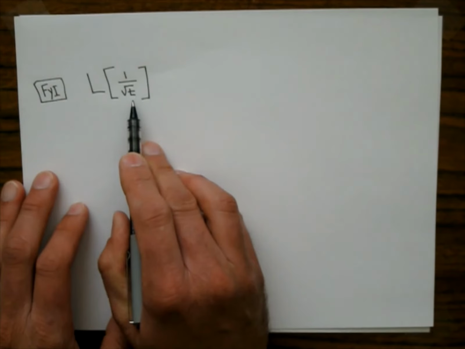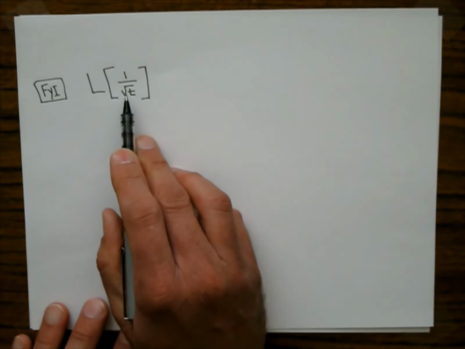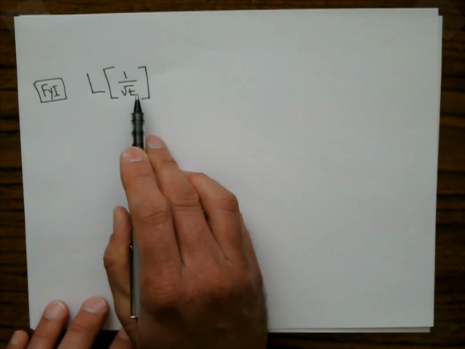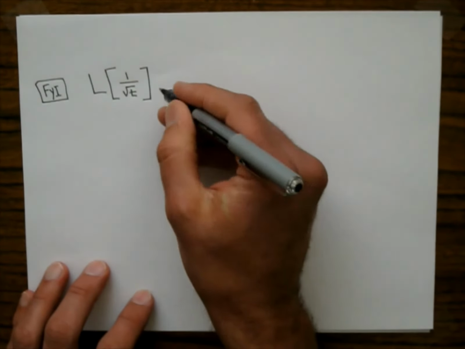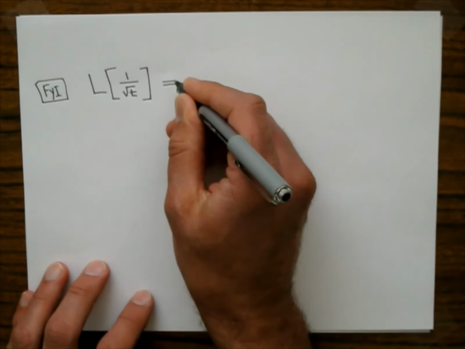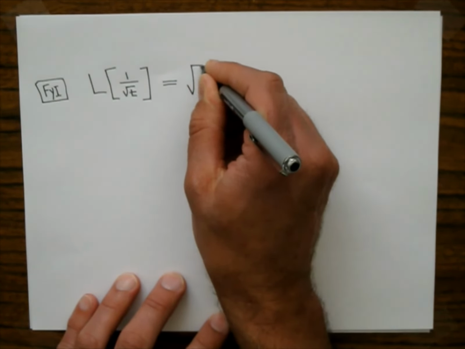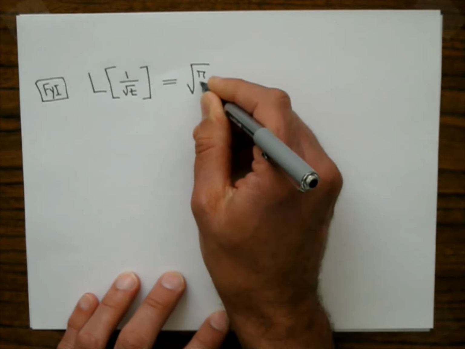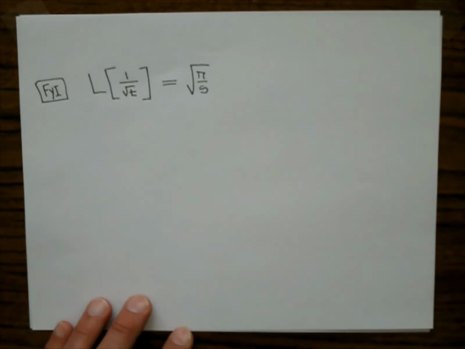Now you might say, well, let's go ahead and use the factorial formula, and this is t to the negative 1/2, but what's negative 1/2 factorial? Without talking about something called the gamma function, we are going to go ahead and tell you what this thing equals. This thing equals the square root of pi over s. Okay, so that is just for your information.